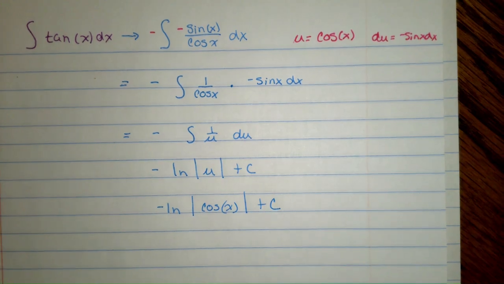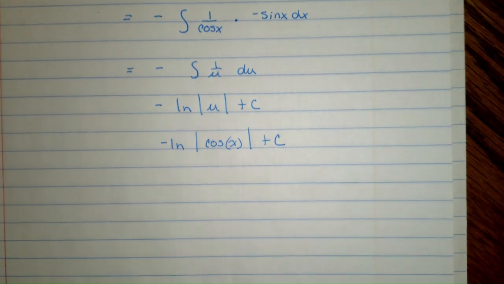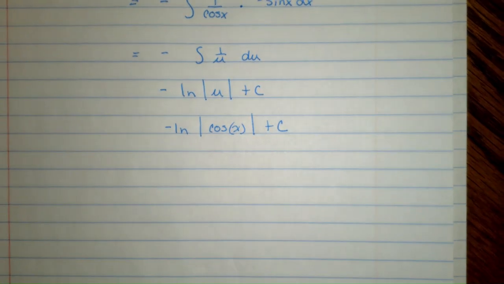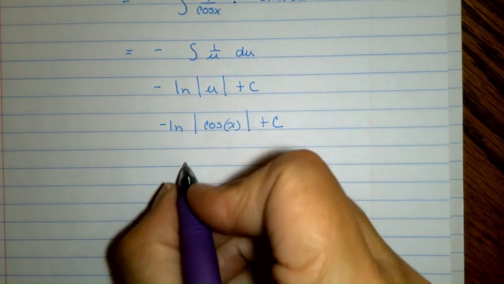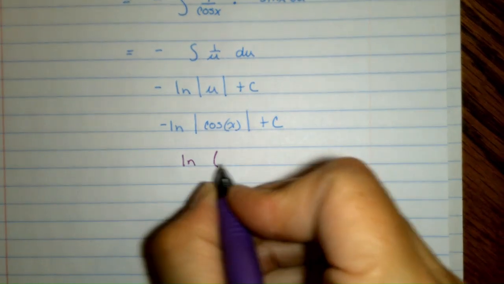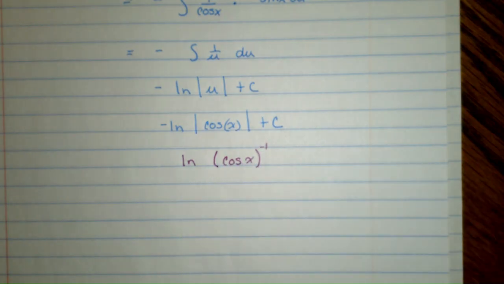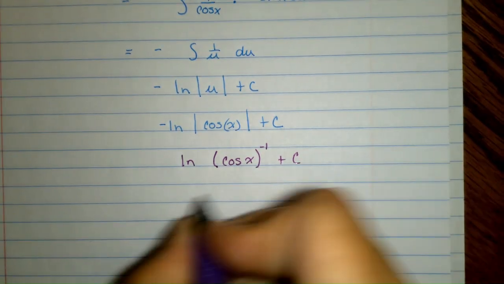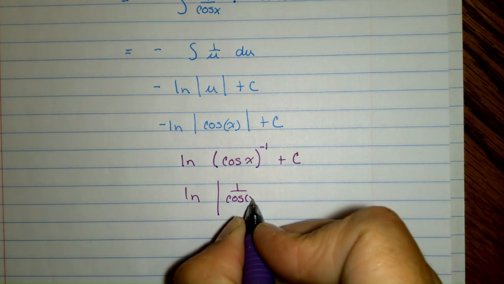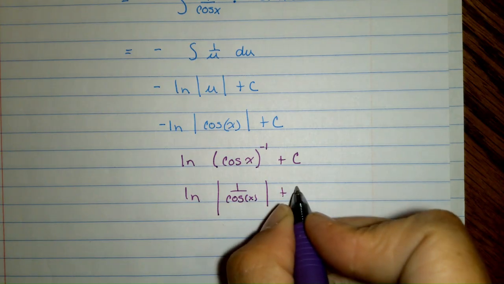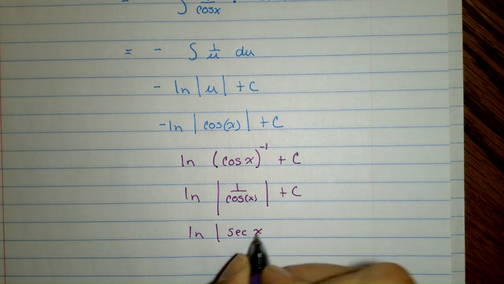Now, just a couple reminders because you also might not see it written that way. With a natural log, a negative could go back up. So natural log of cosine of x to the negative 1 power, which is the same as natural log of 1 over cosine of x, which is the same thing as natural log of secant of x.